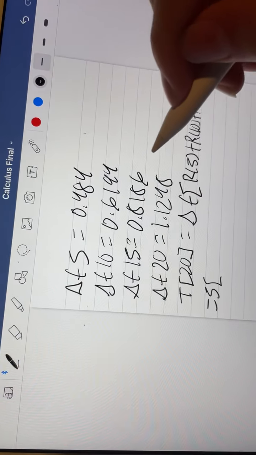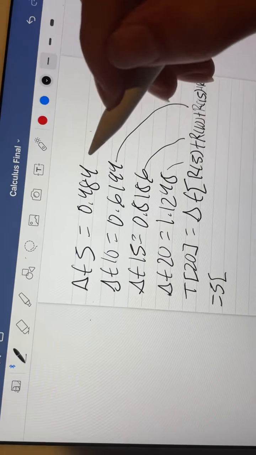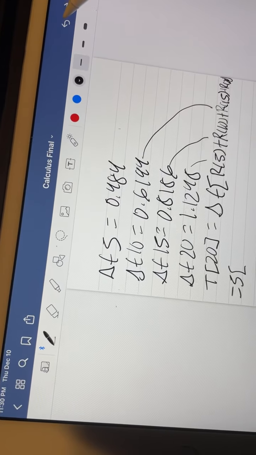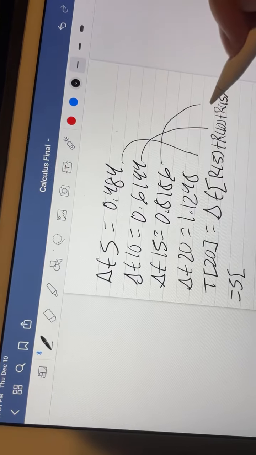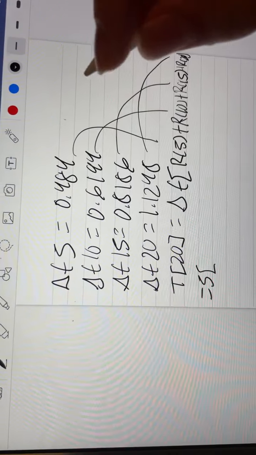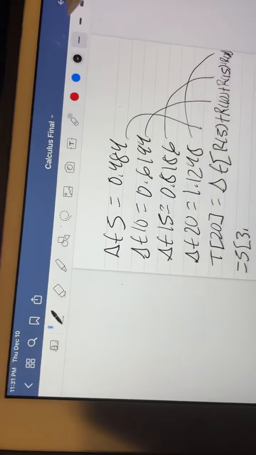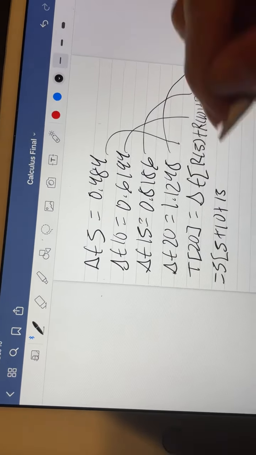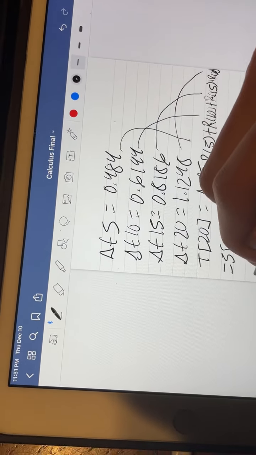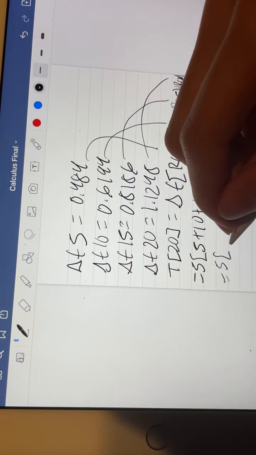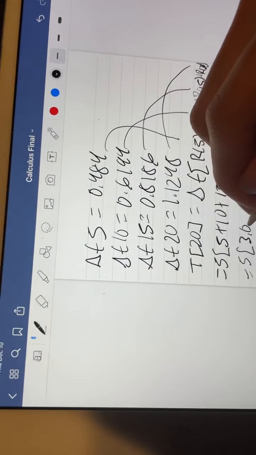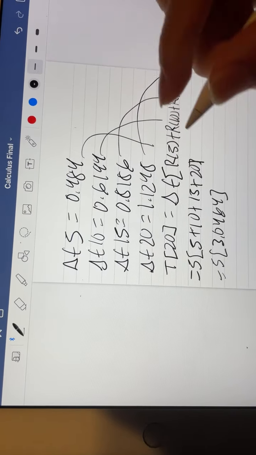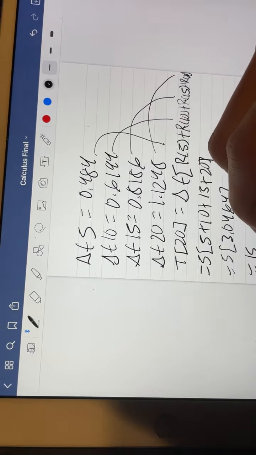Then you would add them all up. So you basically plug in these numbers. Oh, other way around. And you get 3.0464, which then would equal 15.232.